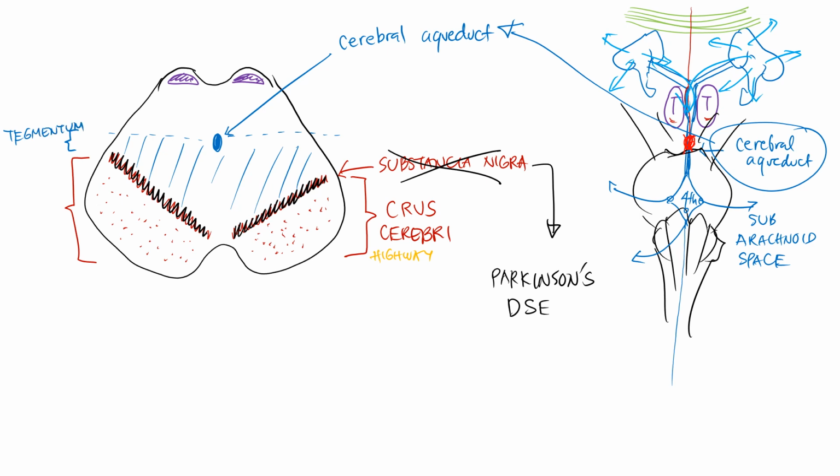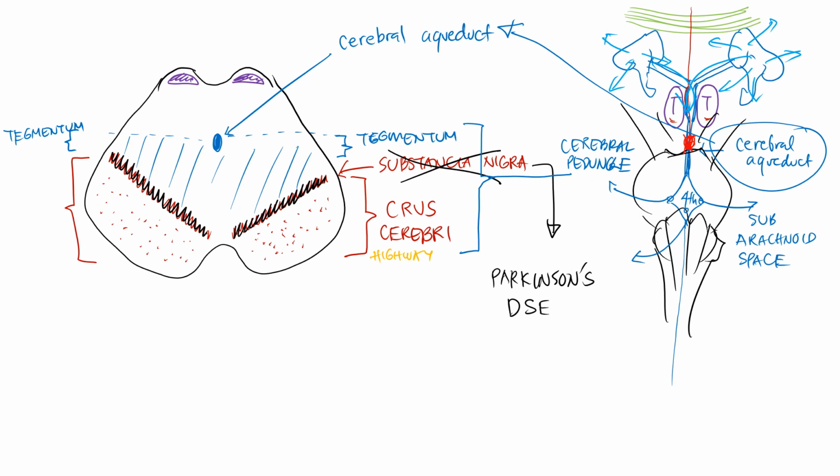Okay, and basically, your tegmentum and crus cerebri, they are collectively termed your cerebral peduncle. Okay, peduncle.